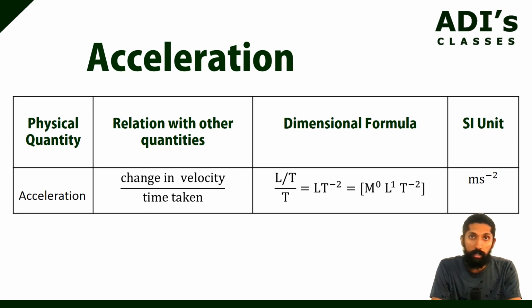When you look at this, you get L1, M0, T minus 2, or you can just call it LT minus 2. This is the dimensional formula of acceleration, and SI unit is meter per second square.